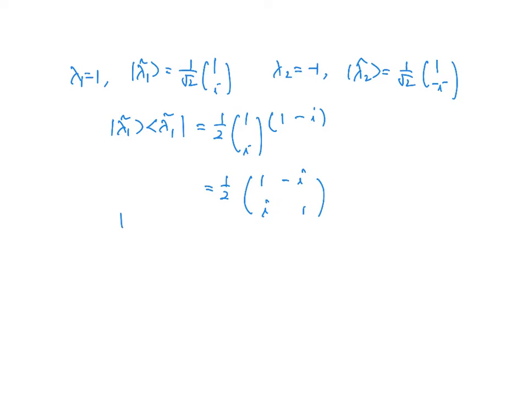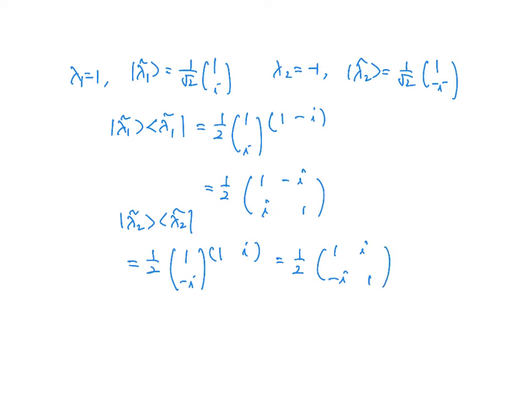Lambda 2 is again 1/2. You have (1, minus i), (1, i), because when you make a bra vector from a ket vector, you take the transpose and take the complex conjugate. So it becomes 1/2, (1, i), (minus i, 1).